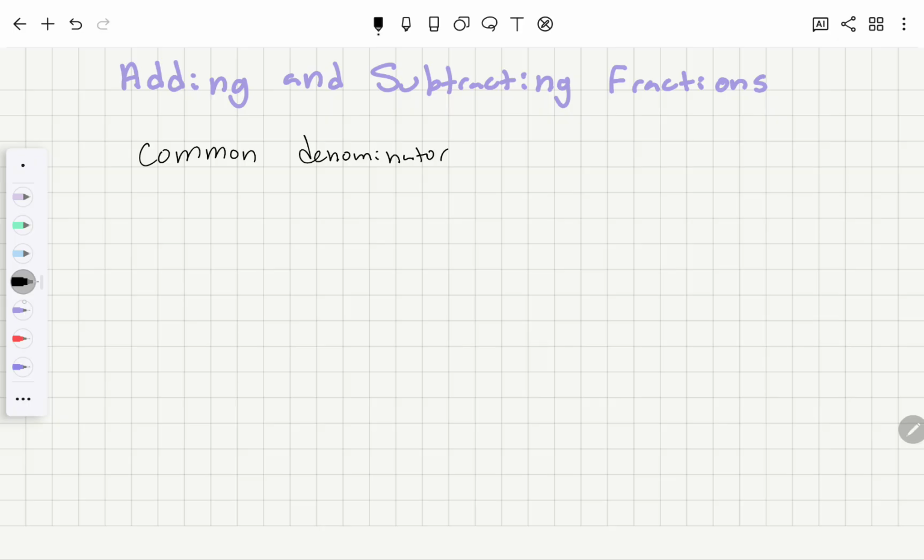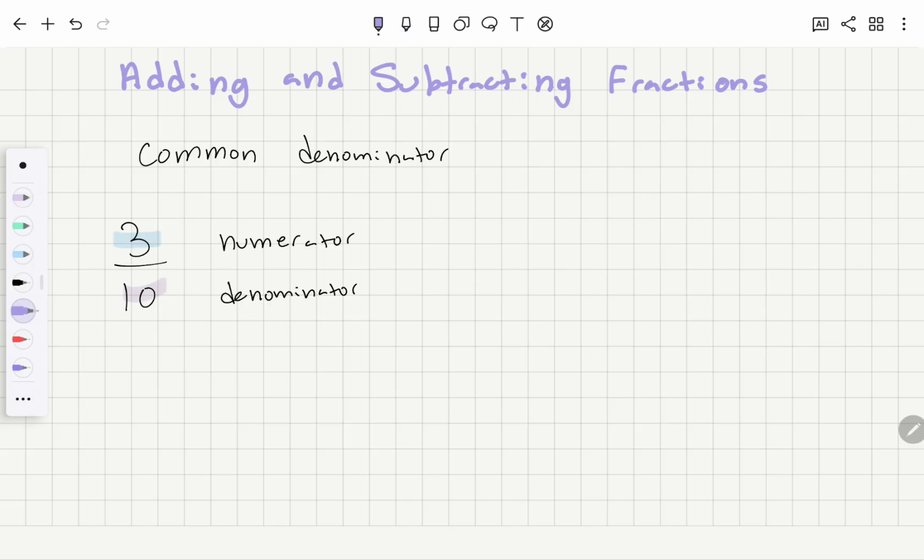Alright, and just to recap, say I gave you the fraction 3 over 10. Our 3 would be our numerator. So our numerator is the top number, and our 10 would be the denominator, which is our bottom number.